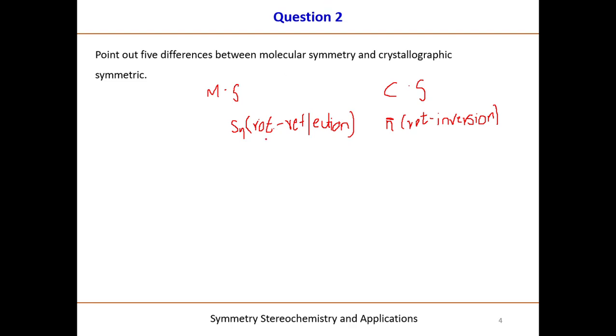In molecular symmetry we have the center of inversion I, and in crystallographic symmetry also we have the center of inversion, denoted by I. Here we have identity element E, and in this case also we have identity element E.